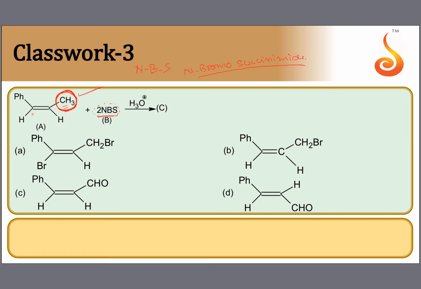So in the first step, allylic bromination takes place. Monobromination, CH2Br. 2 equivalents of NBS are mentioned, no? That's why 1 more bromination, CHBr2.